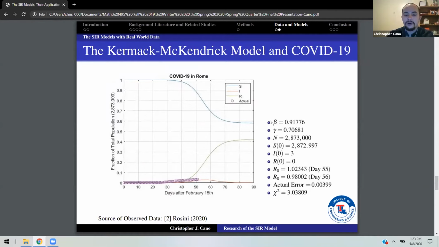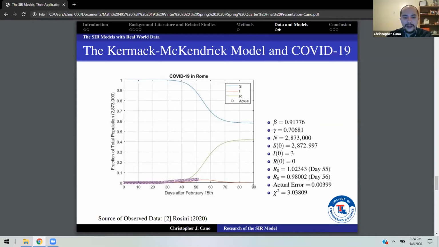So we have our infection rate and our recovery rate, our total population, and initial conditions, and we can see right here that after day 55, the disease is no longer considered an epidemic in Rome, and that's about where the peak is of the infected category, our actual error, and our chi-squared statistic.